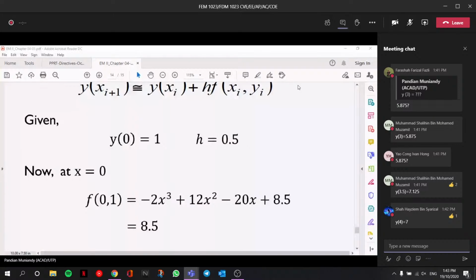So you can plot and then drop to 7. Yeah. So you already completed the table. Good. Y4, 7.